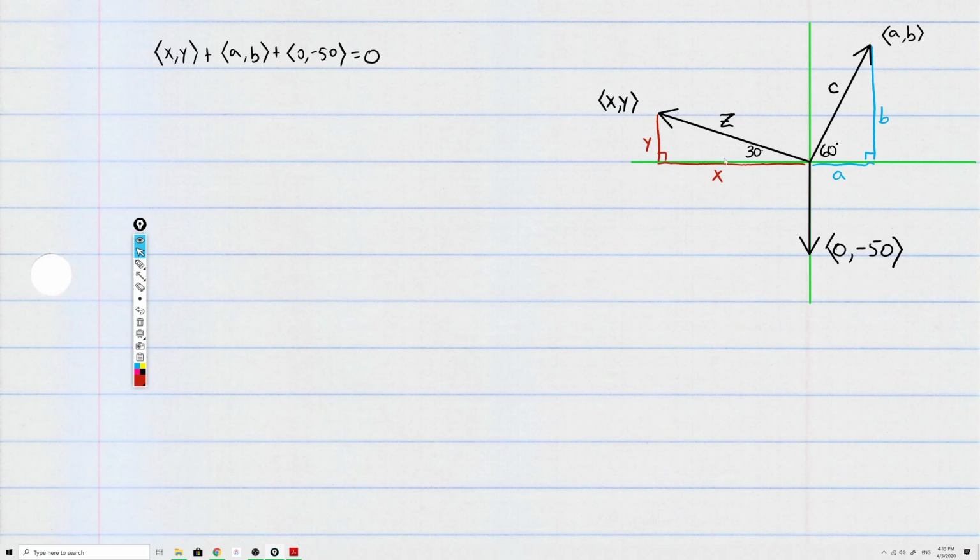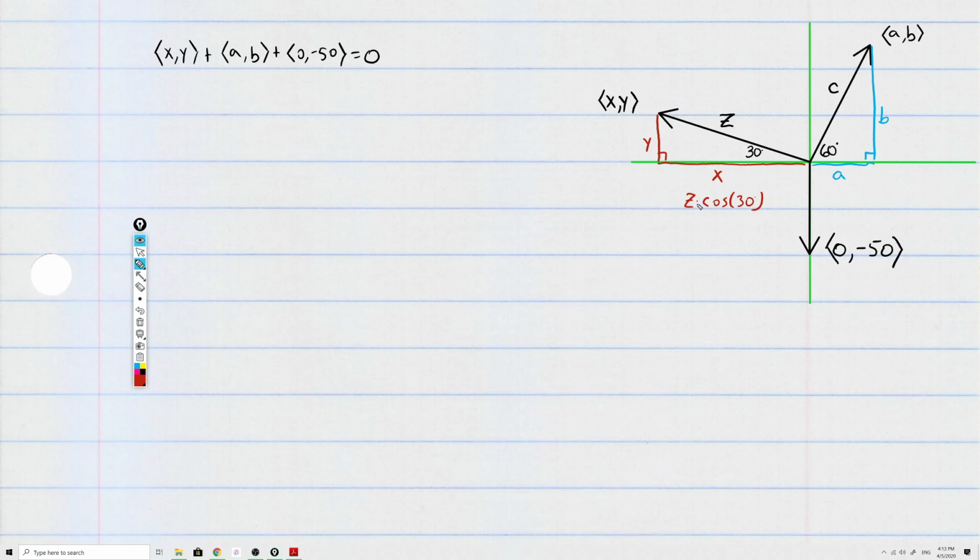So if you want to simplify component form a little bit, you say, well, the adjacent side x is the magnitude of the vector times the cosine of the angle.